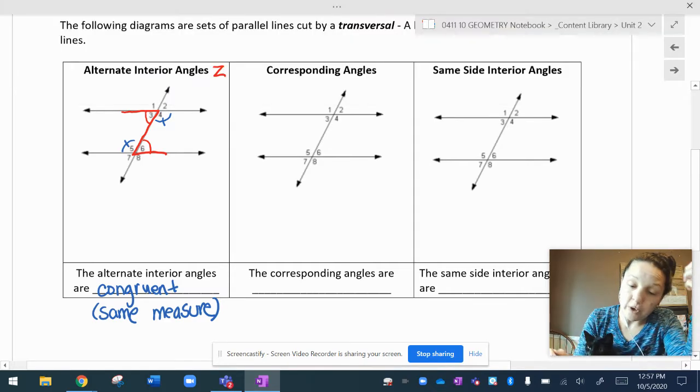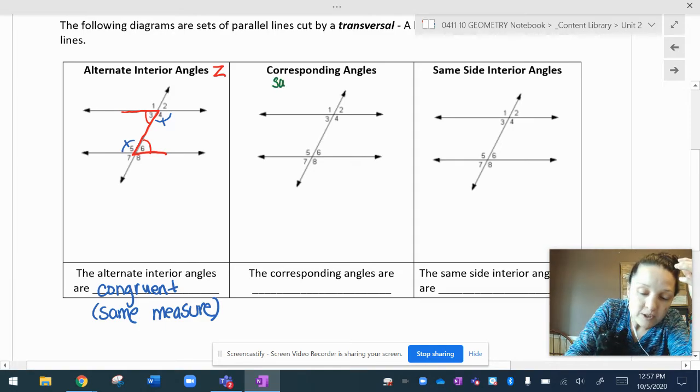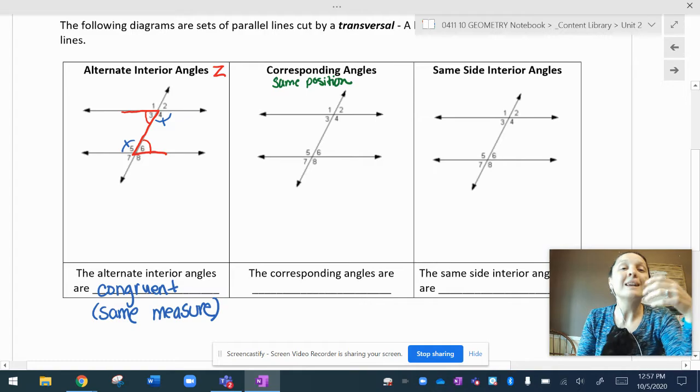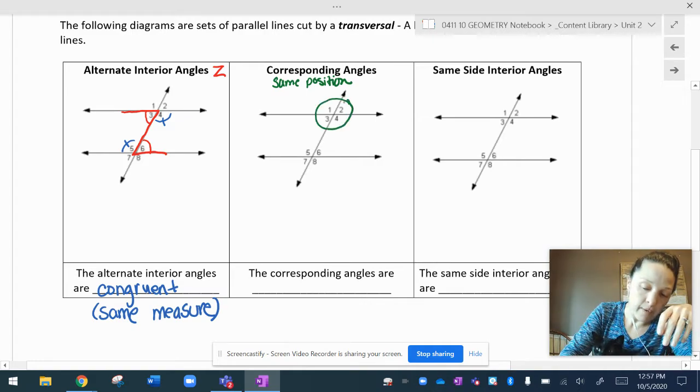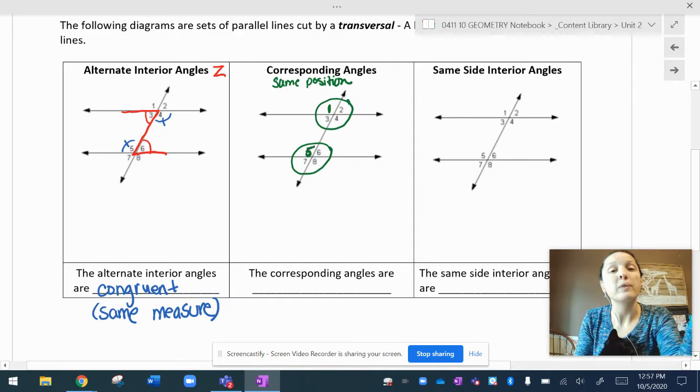Next, let's go to green. Corresponding angles. So corresponding angles are angles that are basically in the same position. Now, not exactly the same position, but if I look at these top 4 angles up here, number 1 is in the top left. If I then look at the bottom 4 angles, number 5 is also in the top left.